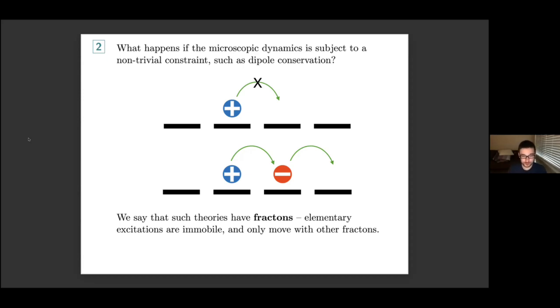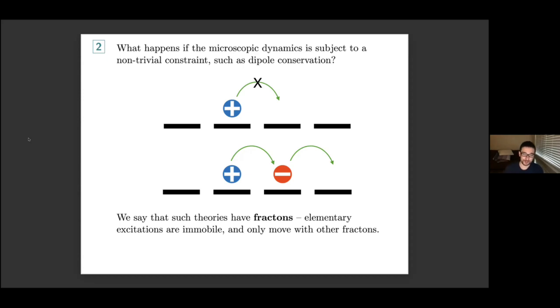Anyway, today's talk is going to be about the hydrodynamics of theories with dipole conservation. Now, you might ask at first, how do I know that a theory with dipole conservation can be hydrodynamic in the first place? It's not maybe a priori obvious that that could happen. Maybe this mobility constraint is so strong that the theory just can't thermalize at all. It turns out that's not true.